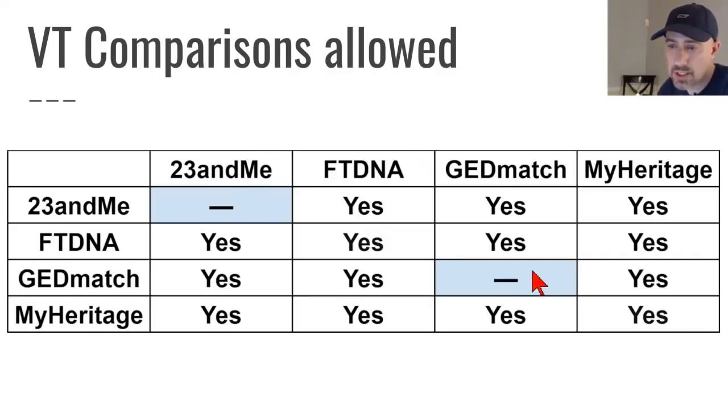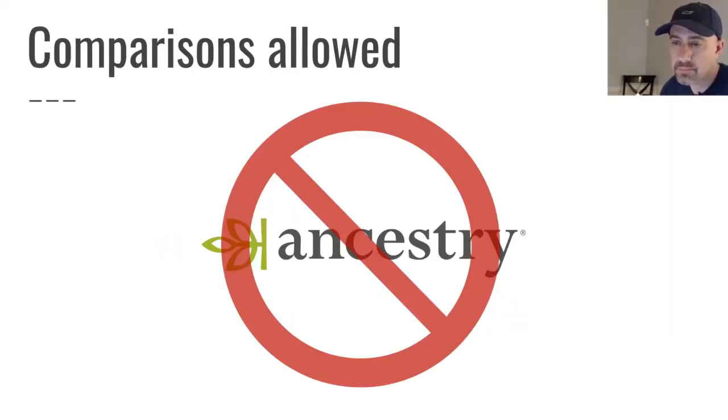I put dashes here just to emphasize the fact that you don't really need to do visual triangulation with 23andMe to 23andMe comparisons because their chromosome browser is very flexible. You could do it if you wanted to for some reason, but I really can't think of any good reason to do that. Likewise with GEDmatch.